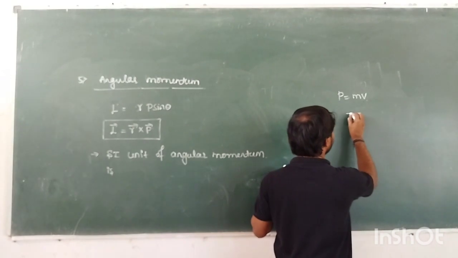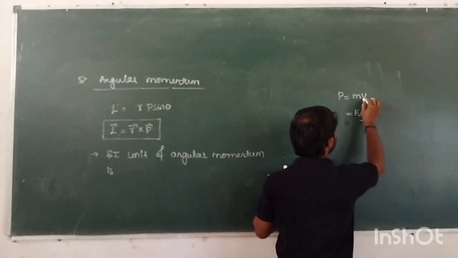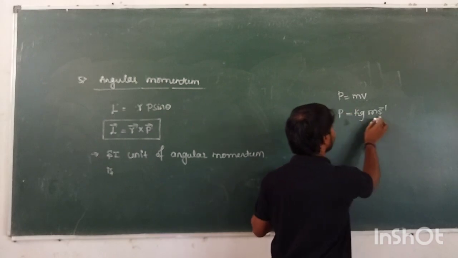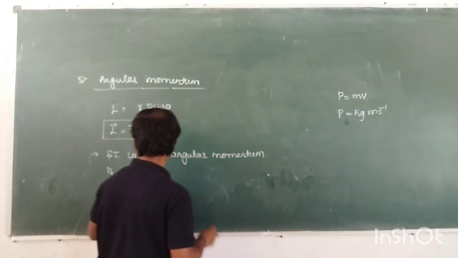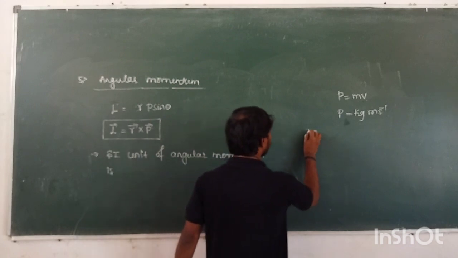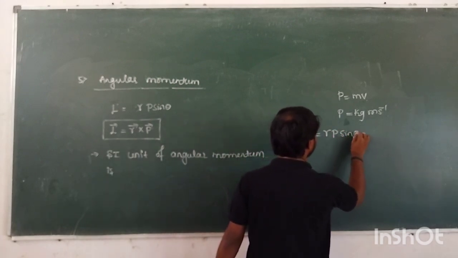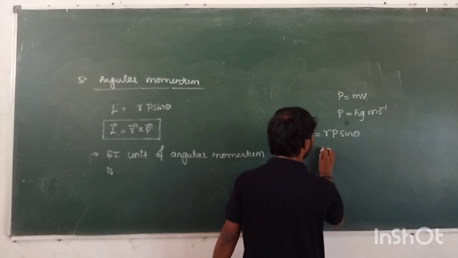Then, what is the SI unit of mass? Kg. What is the SI unit of linear velocity? That is meter per second. Hence, it is the SI unit of momentum. Hence, we can write L is equal to R into P sin theta. Here sin theta is unitless.